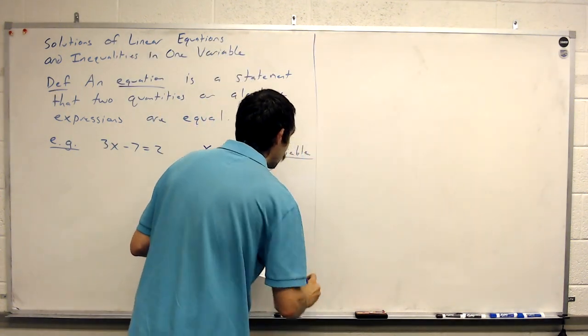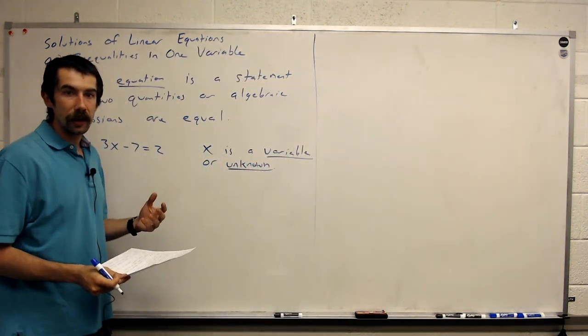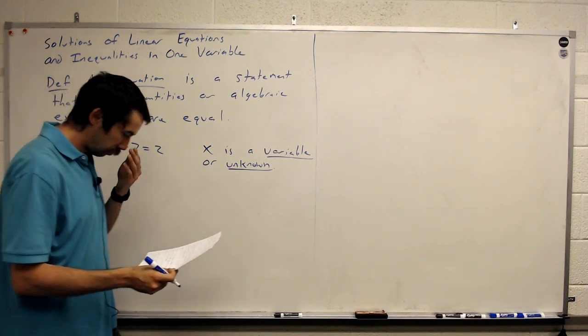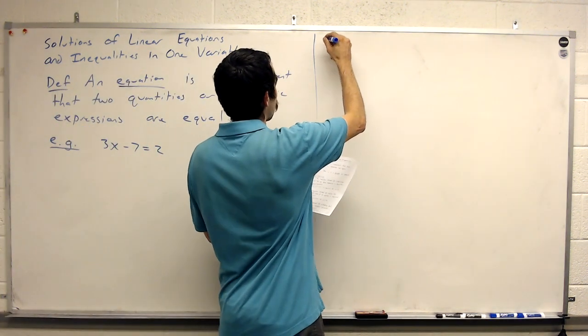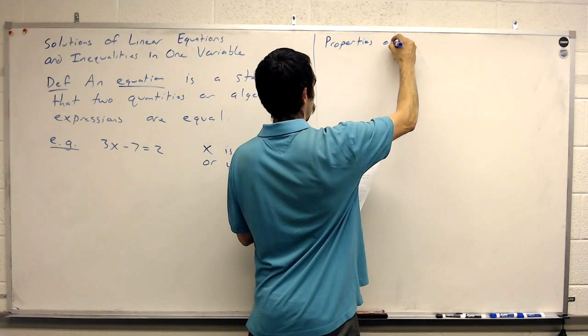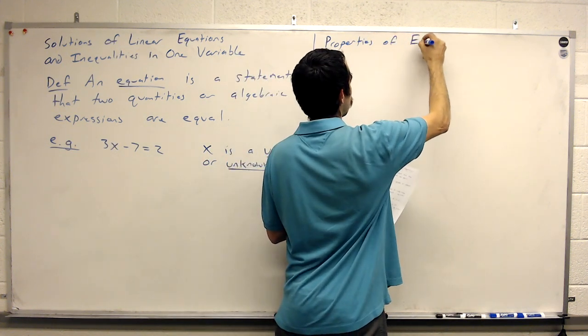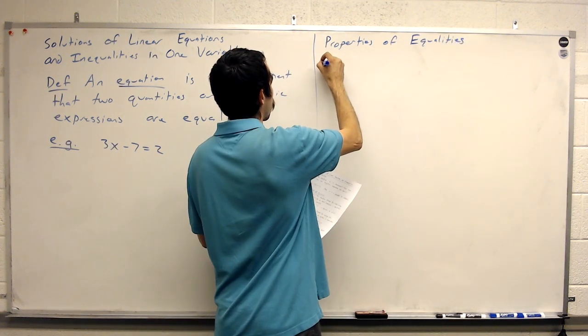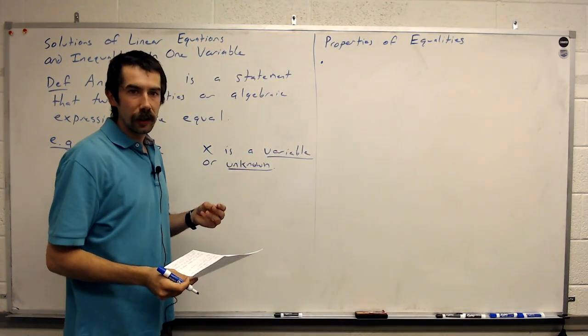So let's now talk about some of our techniques for actually solving equations, finding out which value of x satisfies this. Okay, so these are some properties of equalities. The first is called substitution.